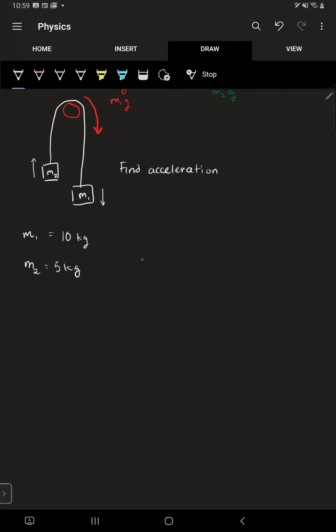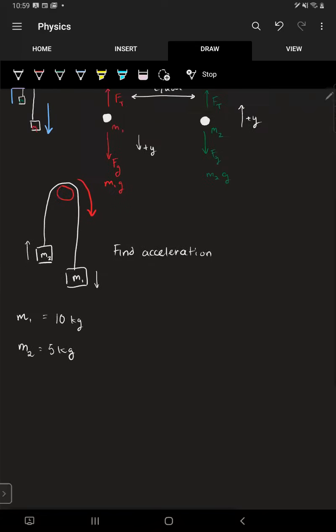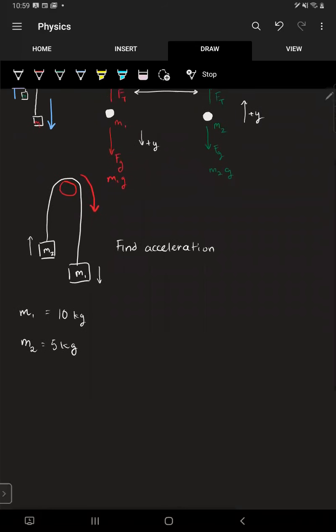Now, let's see. If we have this, we've already drawn the free body diagrams up here. Let's do this sigma F_y for M1 and sigma F_y for M2. All right, and this equals M1A, M2A. That's the second law of motion. So this is Newton's second law.